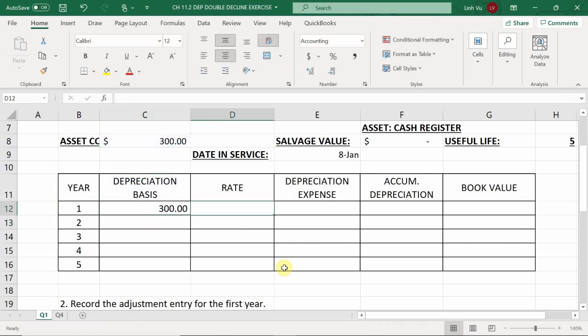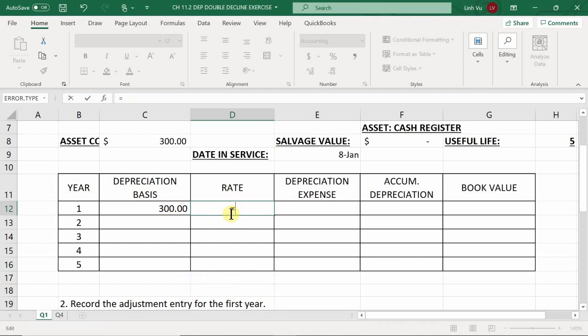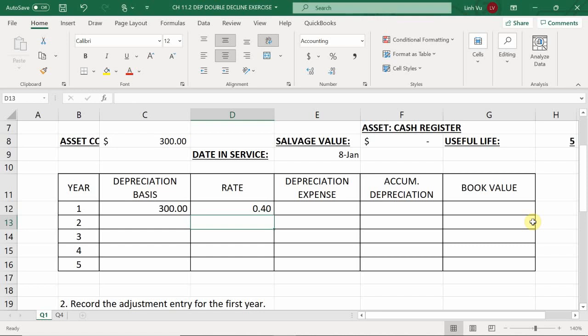What is going to be my rate? 40%. Good. It's going to equal 1 divided by 5, times 2, to give you 40%.